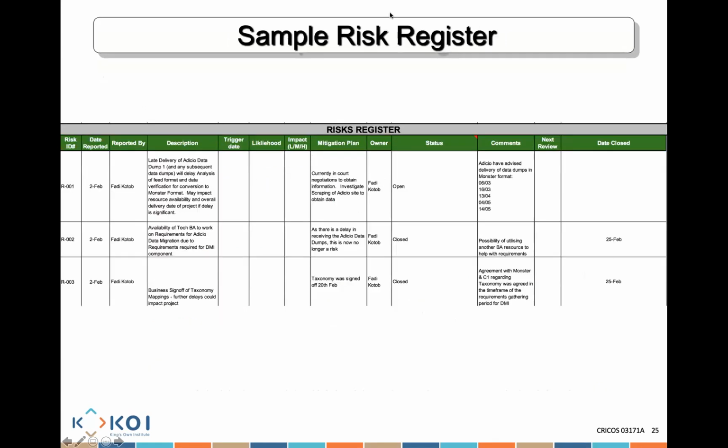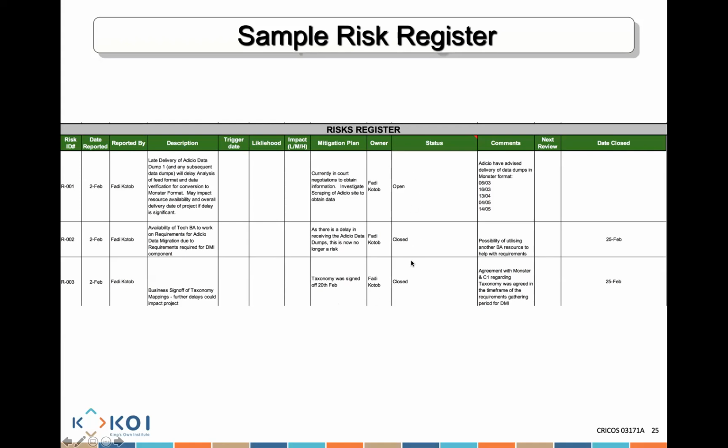That's an example of a risk register you might be able to create for your assignment. You can see, risk ID, when was it reported, who reported it, description of that risk, what's the trigger date, what's the likelihood of it occurring, what's the impact, low, medium, or high, what's our mitigation plan, who's the owner of that risk.